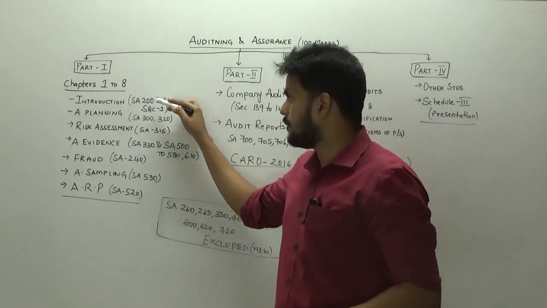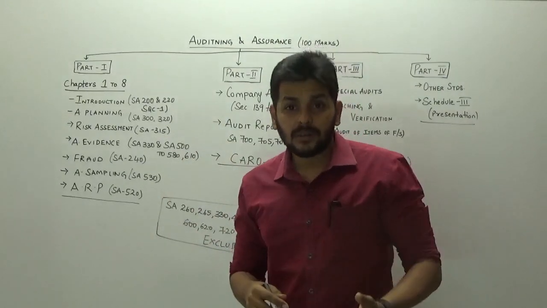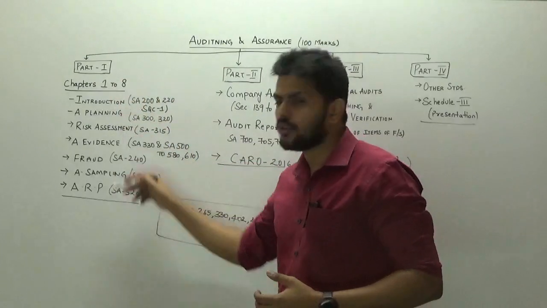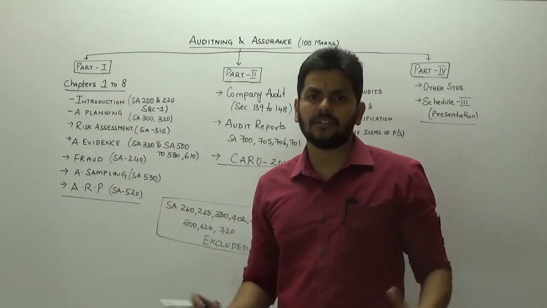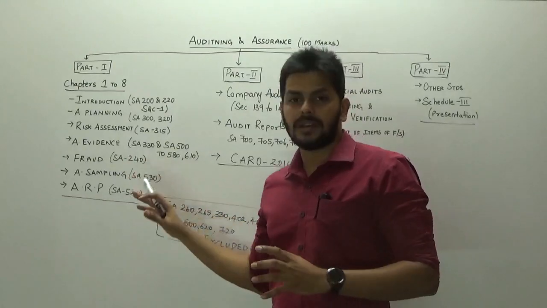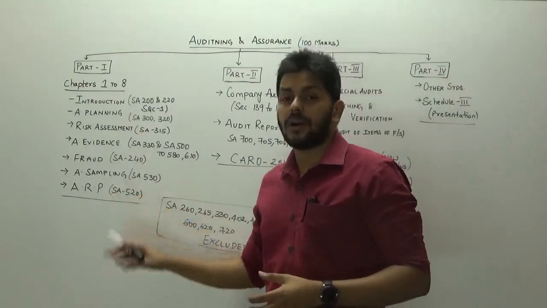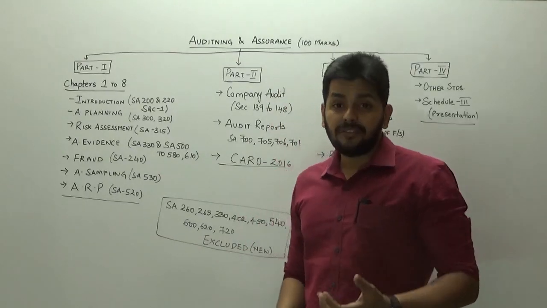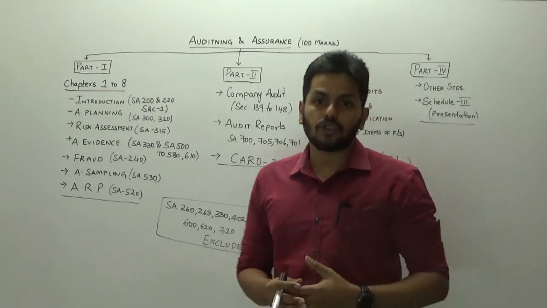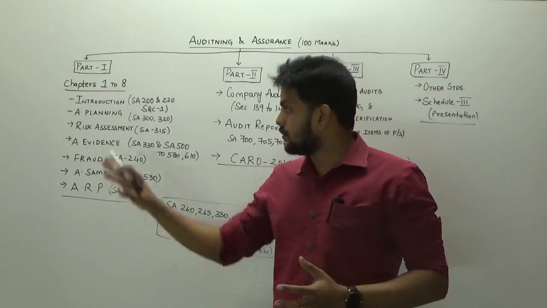space only. Standard number 200, the quality control standard 220, 300, 320 on materiality. So likewise, most of the basic fundamental standards that are very important from an auditor's perspective are all going to be covered in this part 1. So the stronger you are in part 1, the greater it is beneficial for you, even for the multiple choice questions part, because there are a lot of tricky questions that can be asked only from this.